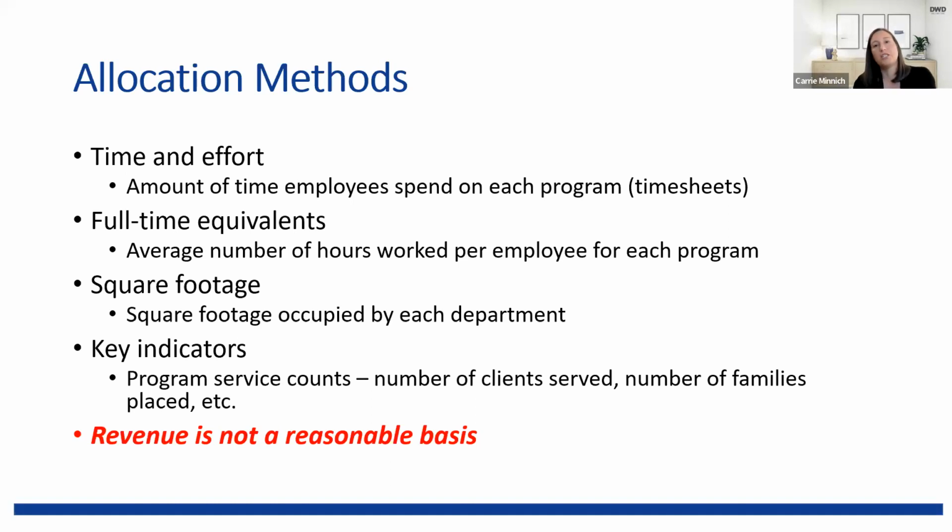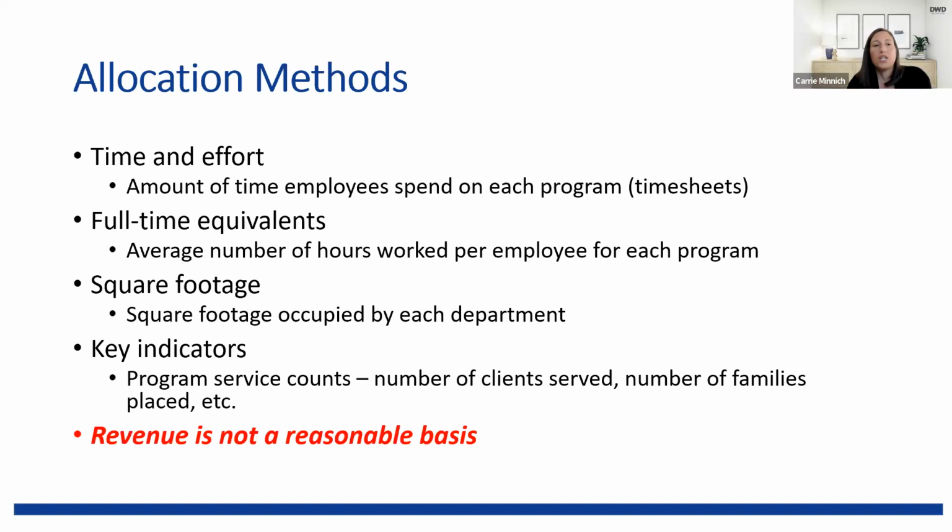So it should be based on the inputs, not outputs. You're also going to have some programs, I bet, that don't generate any revenue. So if they don't generate any revenue and you are allocating expenses based on revenue, that program would have zero expenses. So allocating expenses by revenue is not really a reasonable basis that you should be using.